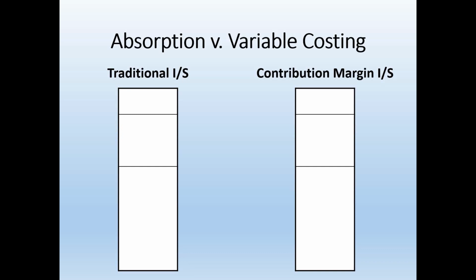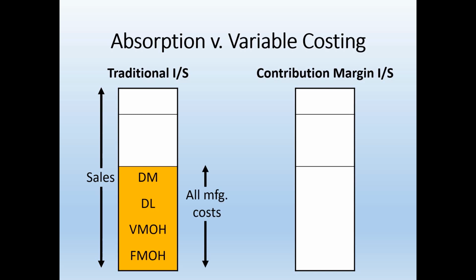We've seen these diagrams before. Let's look first at traditional absorption costing. The height of the bar indicates total sales revenue, but we don't get to keep all of that sales revenue. A portion of it goes to cover all of our manufacturing costs: materials, labor, and fixed and variable manufacturing overhead.